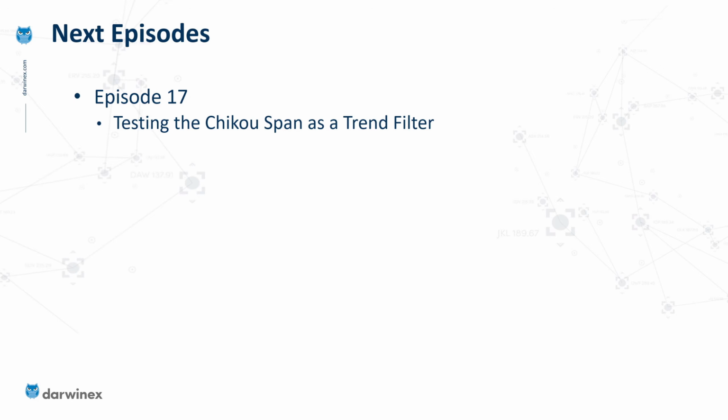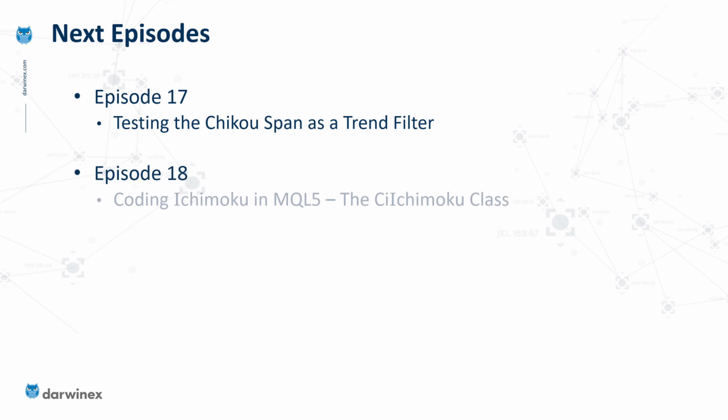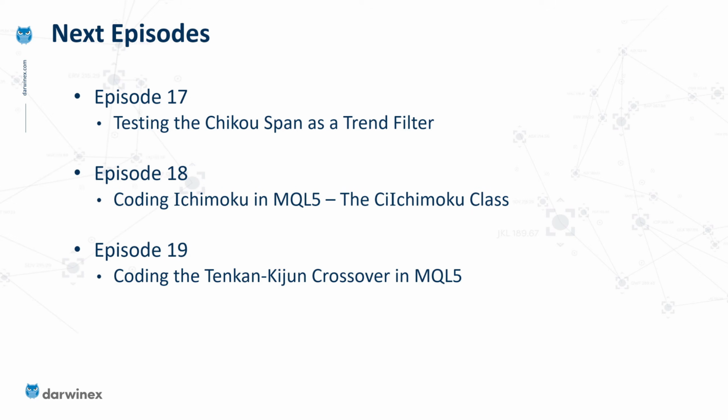But in order to help with anybody wanting to build these strategies into an algorithm, I'm next going to do 2 episodes specifically on the coding techniques that I've used. The first of these, episode 18, will look at the CIchimoku class. And this is a class provided by MetaQuotes themselves that allows the implementation of certain indicators, including Ichimoku, to be much easier.